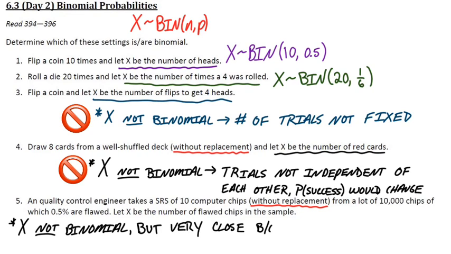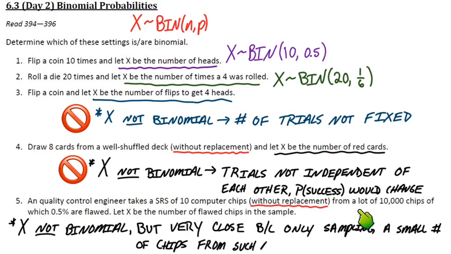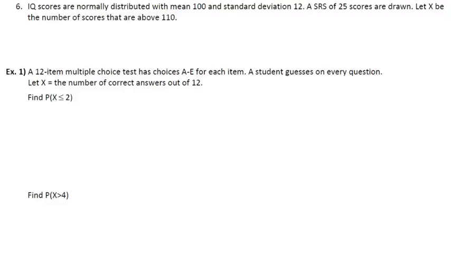And the reason being that sample size of 10 computer chips isn't very many compared to the huge population size of 10,000 chips. So this one is actually really close to being truly binomial, because the sample size is so small compared to the population size. This goes back to the 10% condition. We'll talk more about that in a little bit.